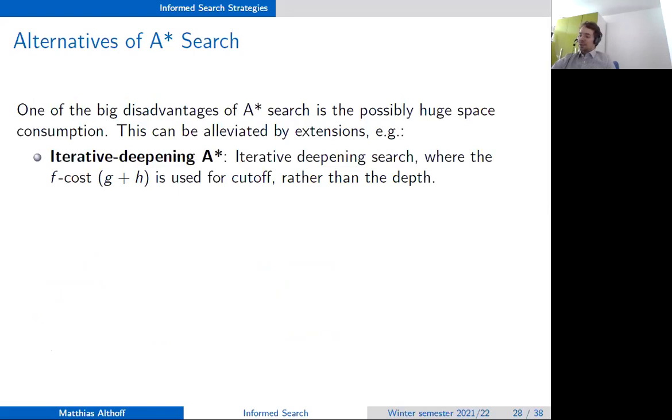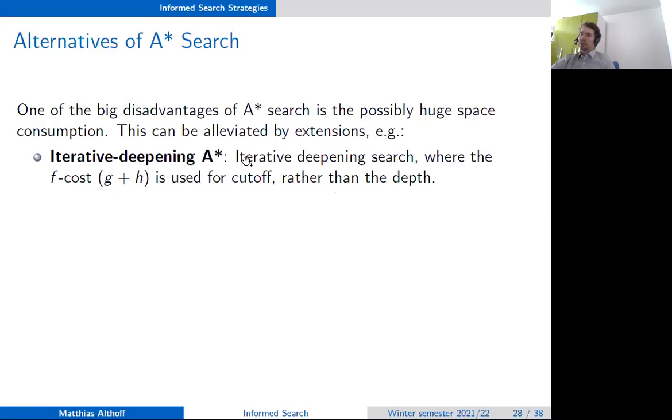But yesterday we deepened iteratively the search depth, and now we are iteratively increasing the F costs instead of the search depth, as the cutoff rather than depth. So this has the advantage that we have, again, this linear space complexity and that it's actually also optimal. However, we have to recompute the search over and over again, as we've seen in iterative deepening yesterday.